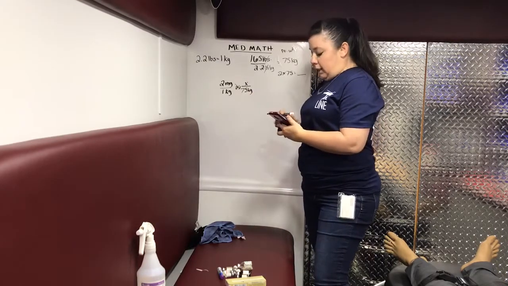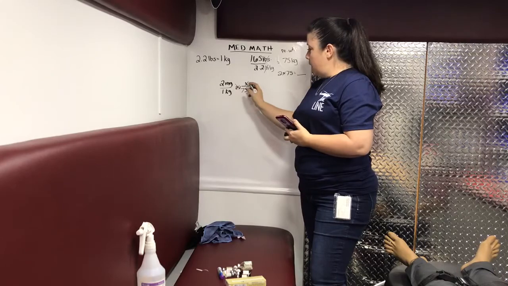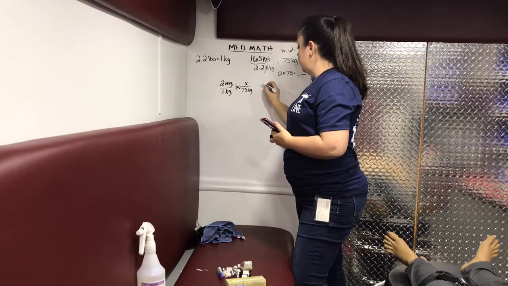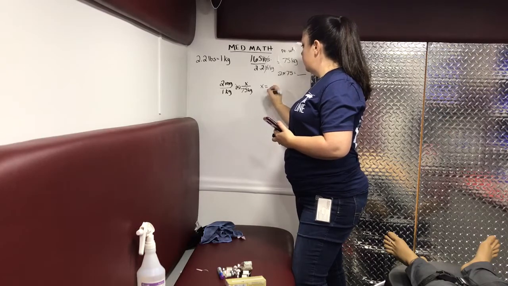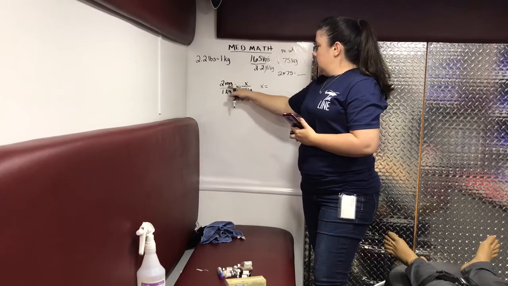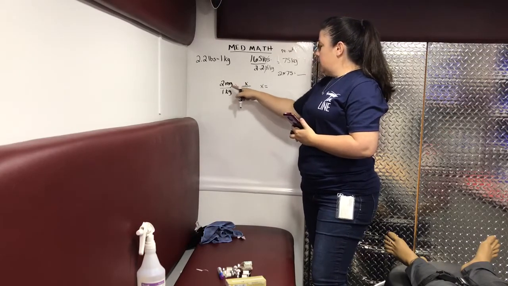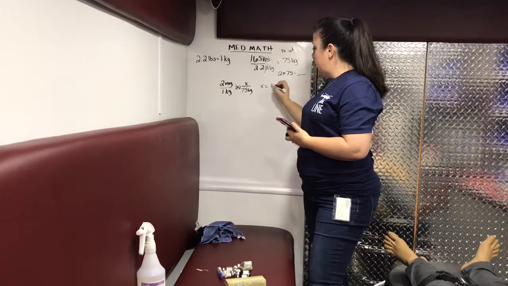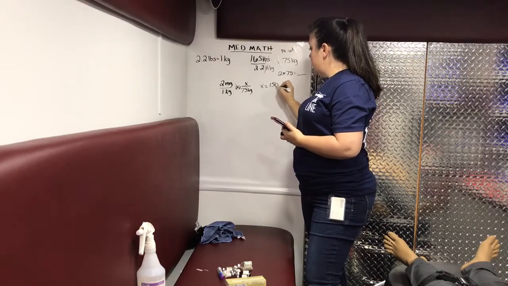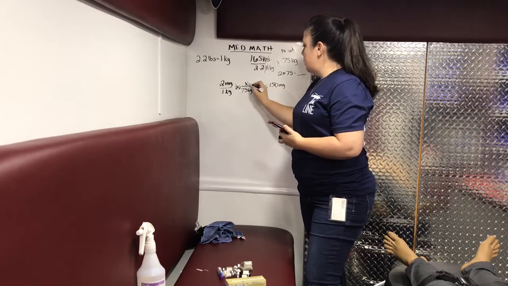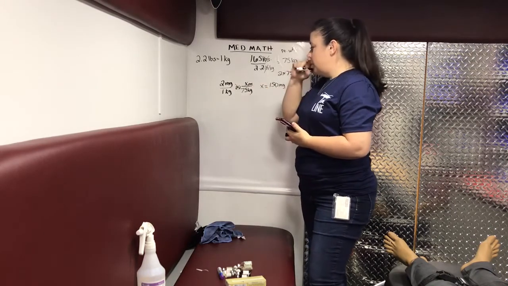So x times 1 kilogram is basically x, because the 1 cancels out. Then we need to get these ones out. So 75 times 2, and I wish I was better at math in my head, is 150 milligrams, because that's what we're trying to solve.